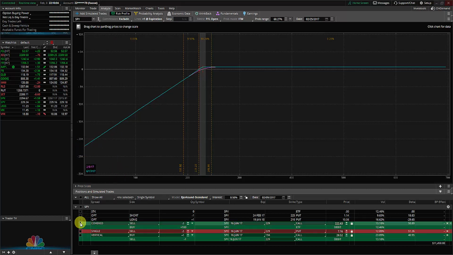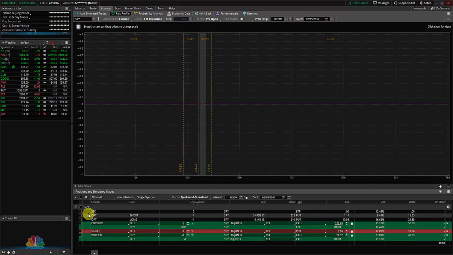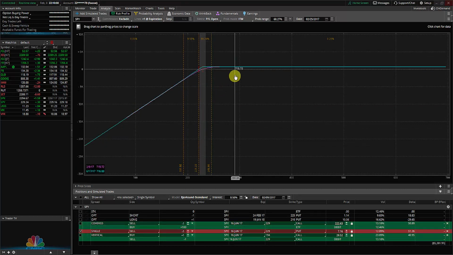And let's take a look at the naked put. The naked put has a similar risk graph because you're carrying an unlimited risk. If the stock drops all the way to zero, you are required to buy this stock at 229 because that is the strike that you sell when you initiate the naked put position.